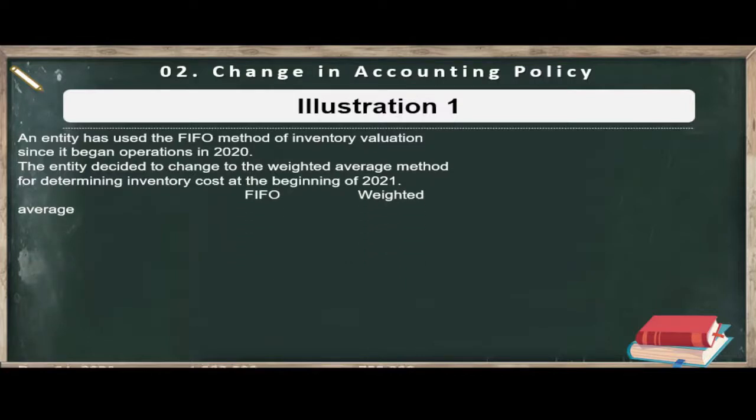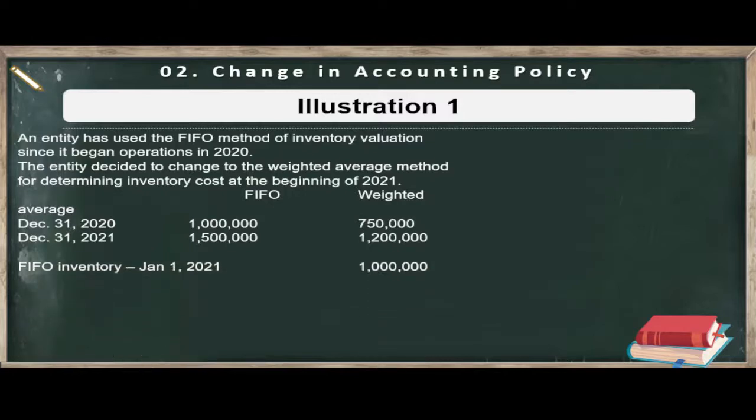So these are the values for FIFO and weighted average for December 31, 2020 and December 31, 2021. So the FIFO inventory beginning balance on January 1, 2021, from FIFO to weighted average.